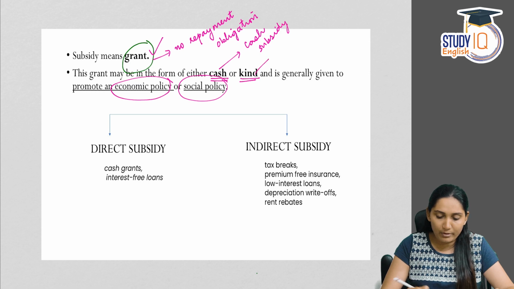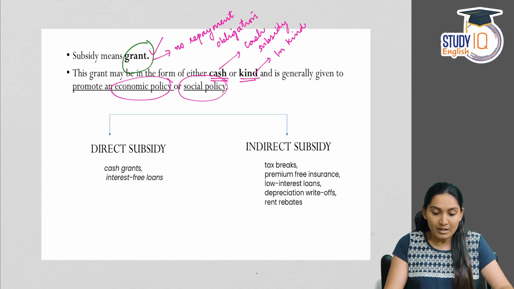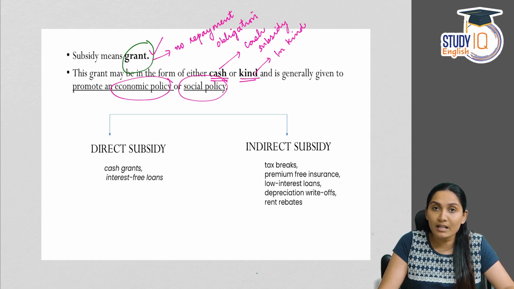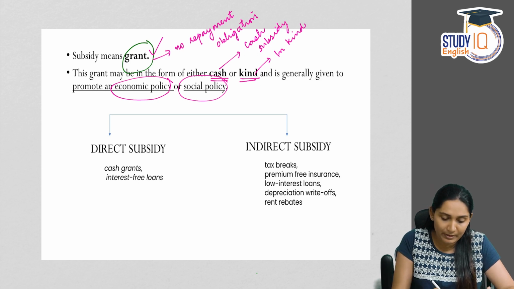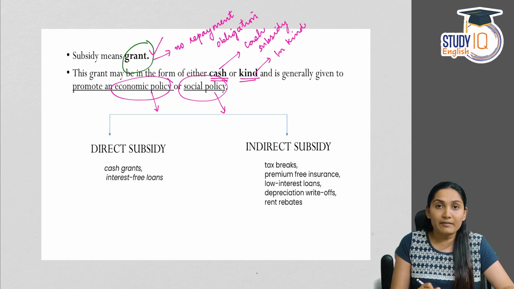Or it can be in the form of kind, that is an in-kind subsidy, in the form of material. So cash or kind, and it is generally given to promote an economic policy or a social policy. So either to promote an economic policy of a government or a social policy of the government.